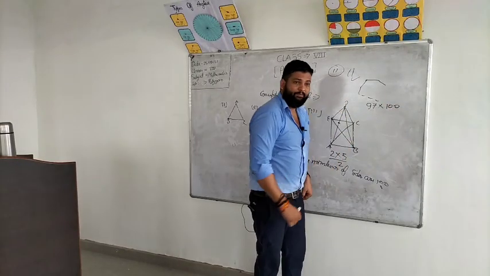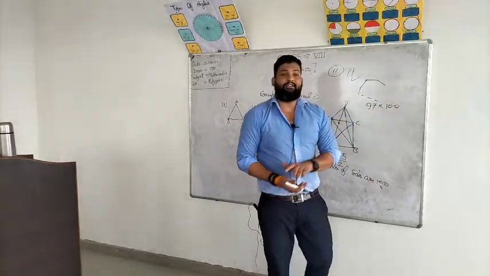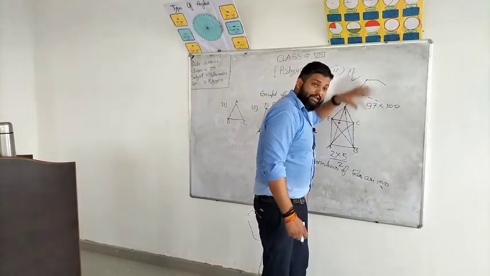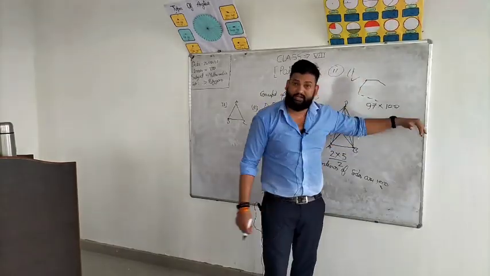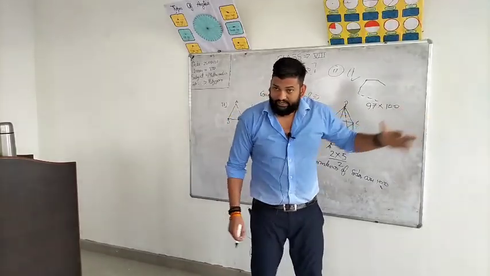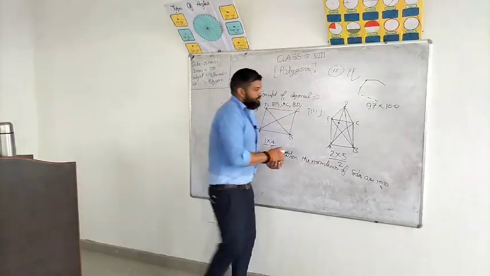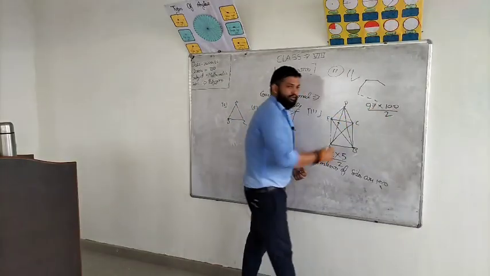We are counting double, so that's why we are dividing by 2.